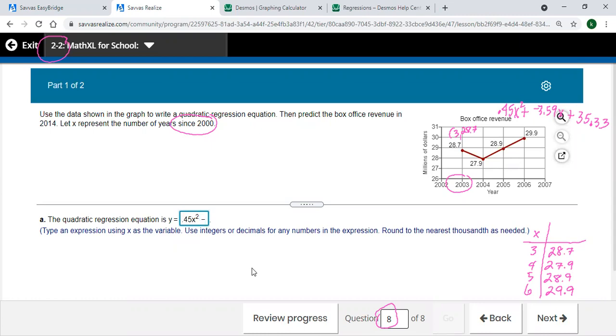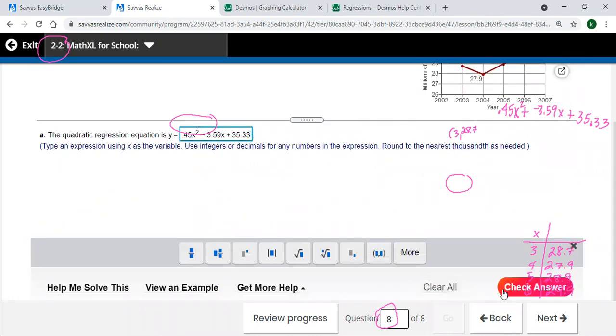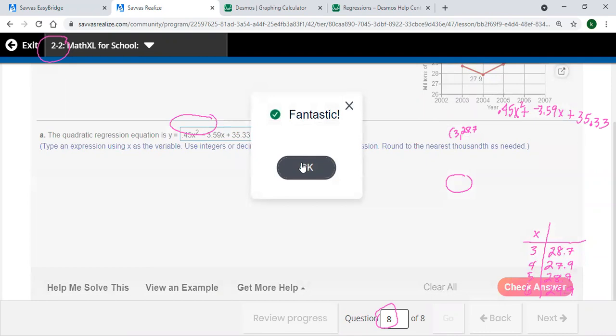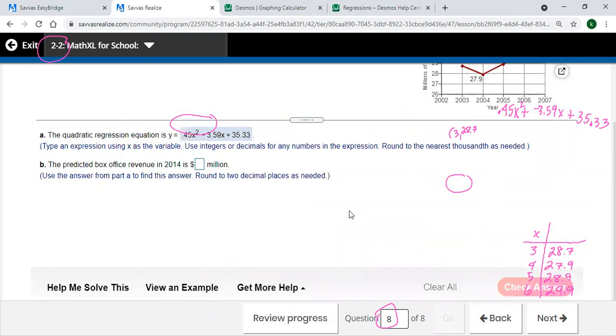All right, and then let's see. The A was 0.45x squared minus 3.59x, and a plus 35.33. And if it's saying that's wrong again, if it's a rounding thing, just move on. It's okay.